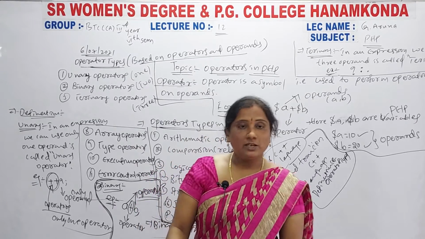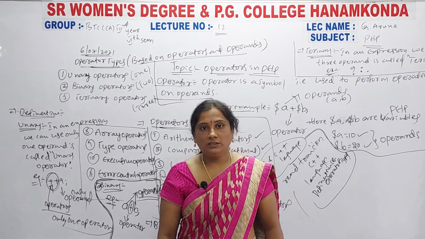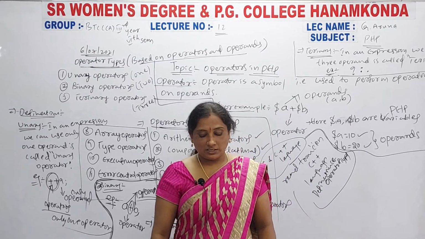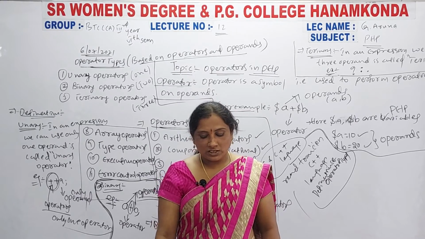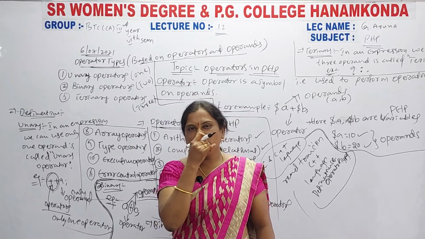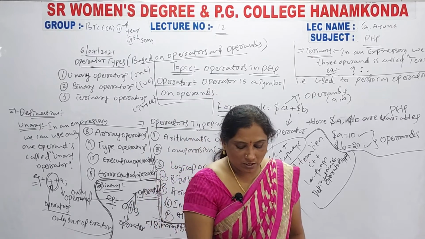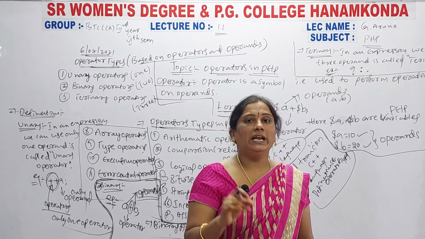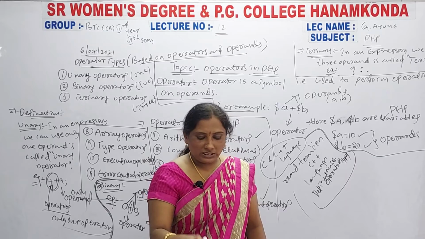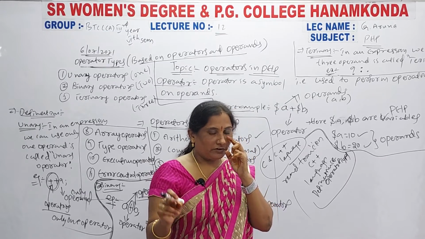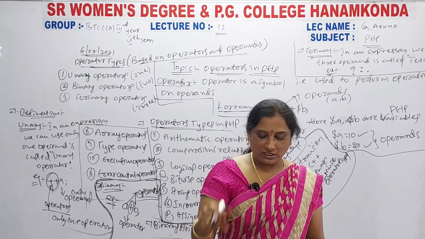Next ternary operators are there. Then next, different types of operators. Next assignment operators, logical operators. So these are the different operators, and each operator's additional information and associativity are also there. So this table I will send in our WhatsApp group. In today's class I will send only this table in our WhatsApp group.